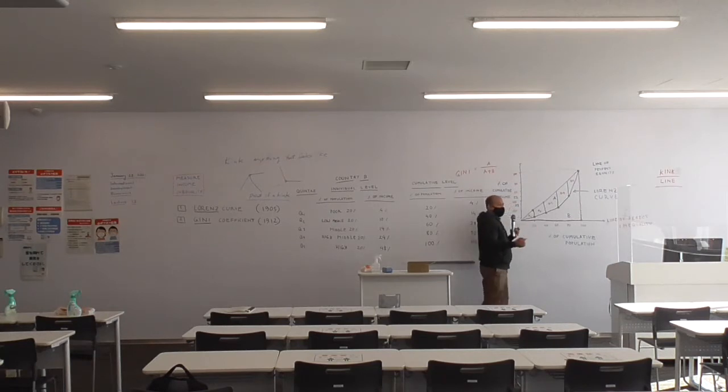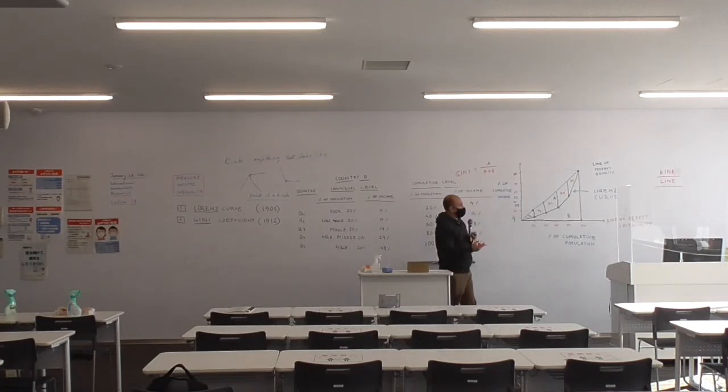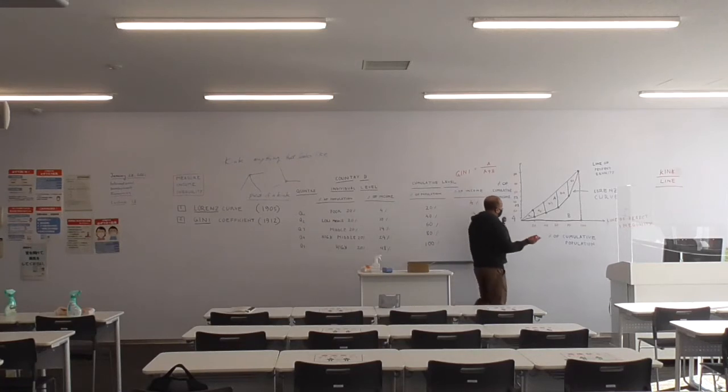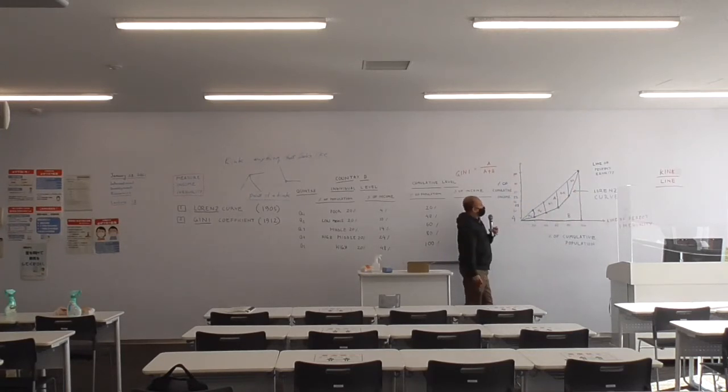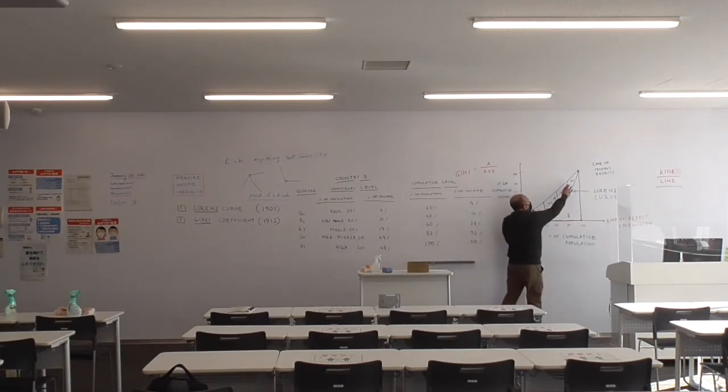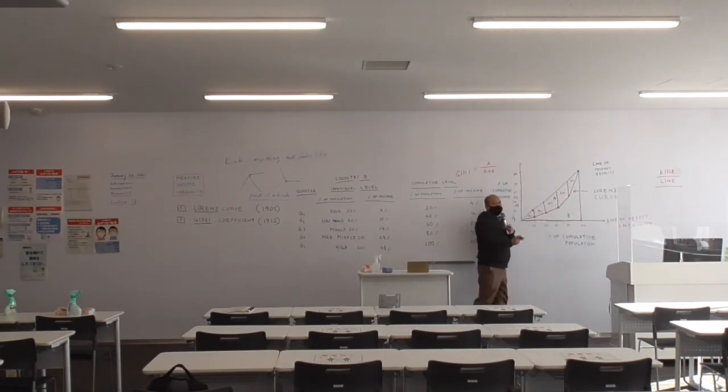Maybe some of you are already familiar with this kind of calculation. We have the triangle here, triangle A1. We have 3 trapezoids, A2, A3, A4. And we have one more triangle here, A5. If we can calculate the area of these 2 triangles and these 3 trapezoids, we can easily calculate the total area of A, right?